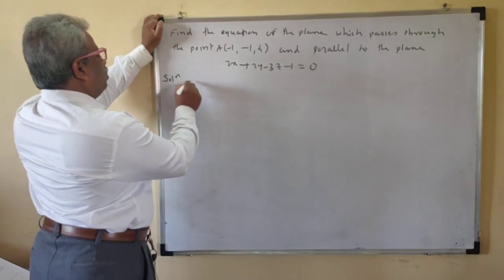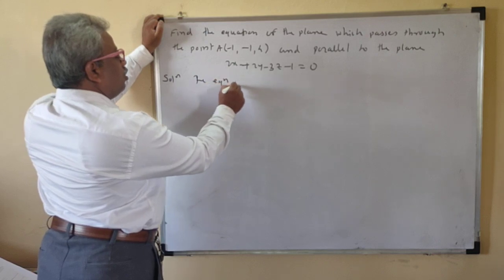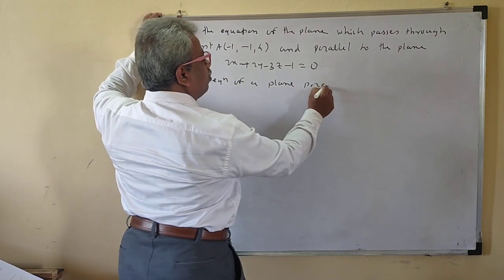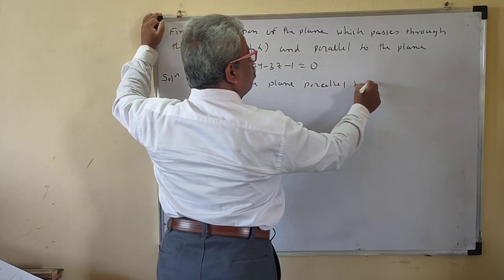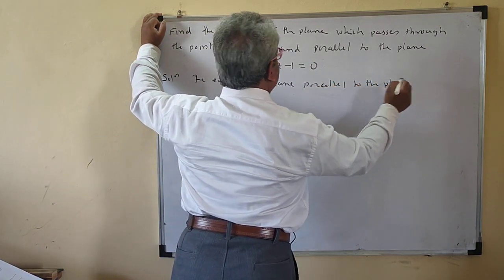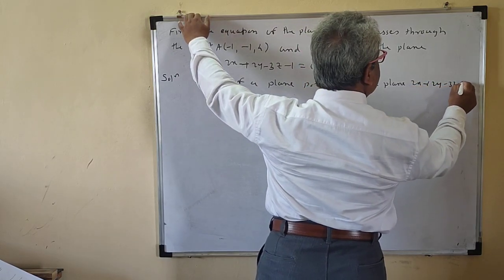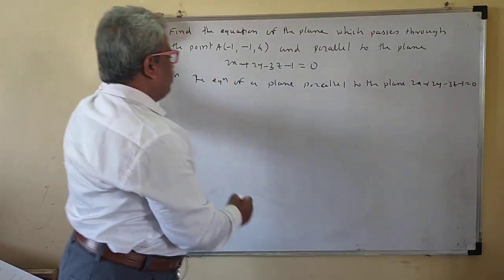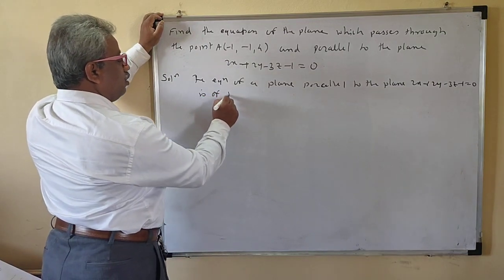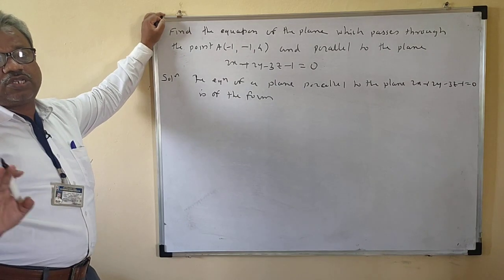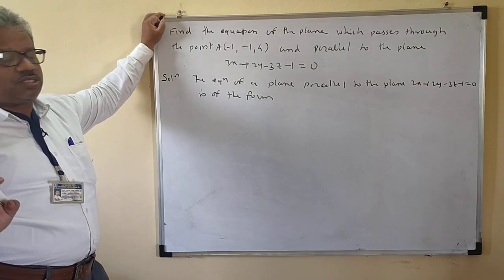Solution. The equation of a plane parallel to the plane 2x plus 2y minus 3z minus 1 is equal to 0 will not change the coefficients of x, y, z. It differs by the constant only.